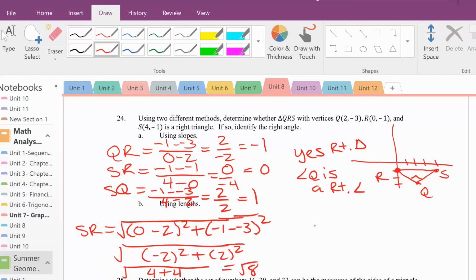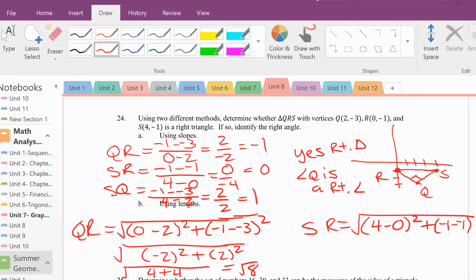Then you have SR, which is x2 minus x1, so 4 minus 0 squared, plus y2 minus y1, so -1 minus -1 squared.